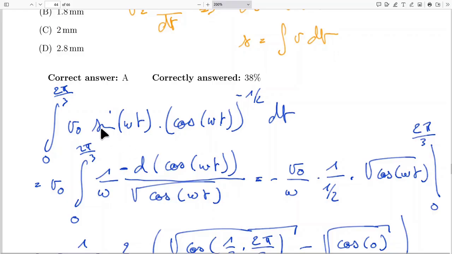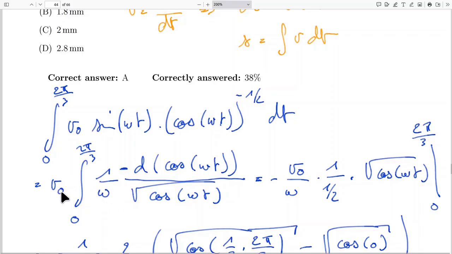If we take the sine of omega t dt, we get d of cosine omega t, but that has to be negative, and we have to have 1 over omega, because the derivative of cosine omega t will be minus the sine of omega t times omega, so we have to divide the omega out.